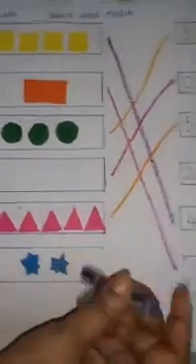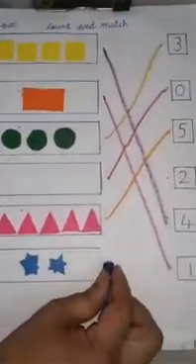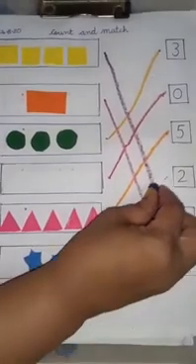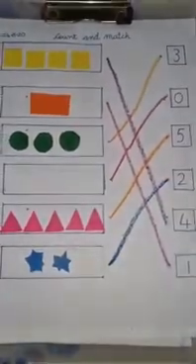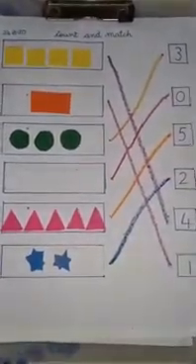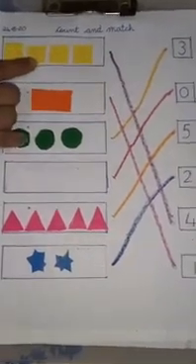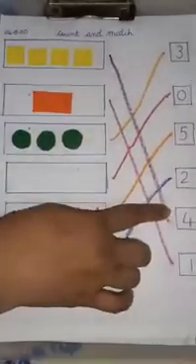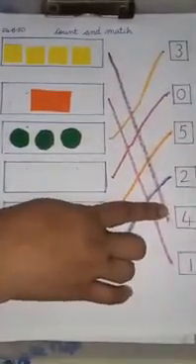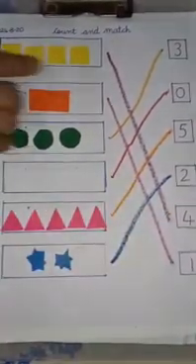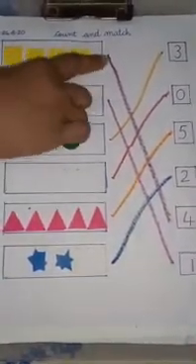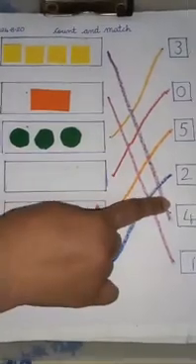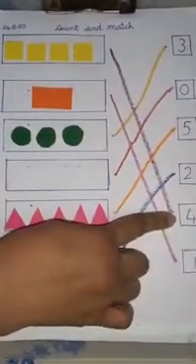So we will match it to number 2. So this is count the objects and match it to the correct number. Remember, you have to draw only one single line from the object to the number.